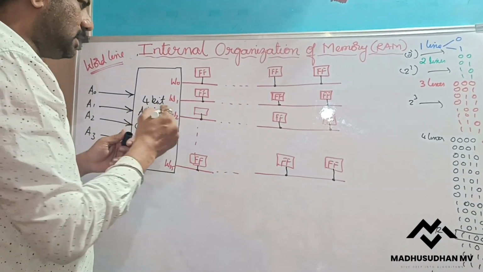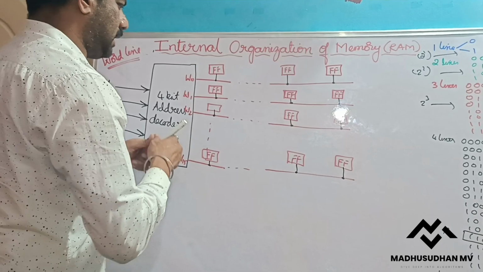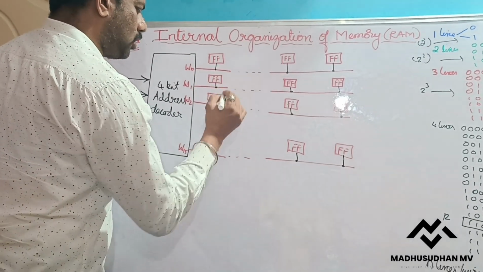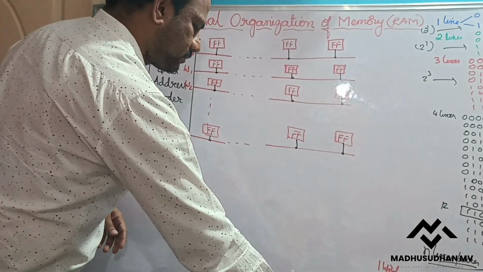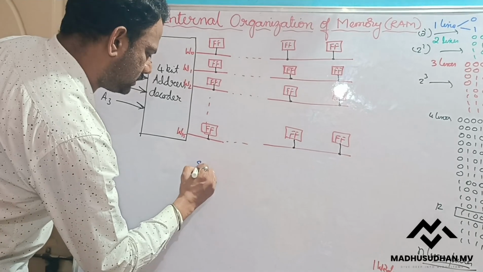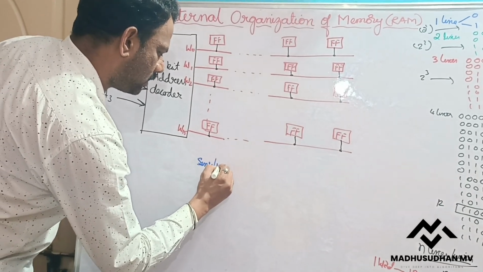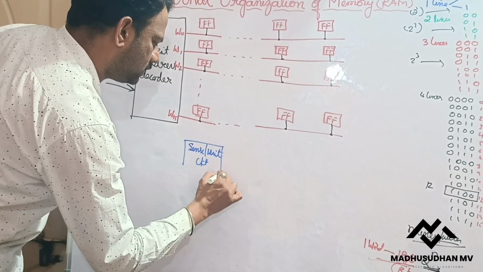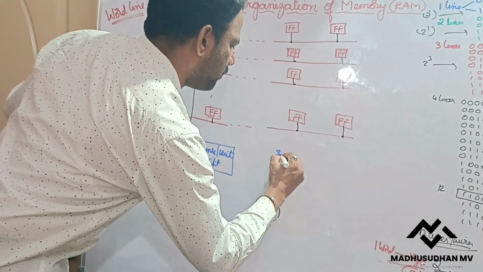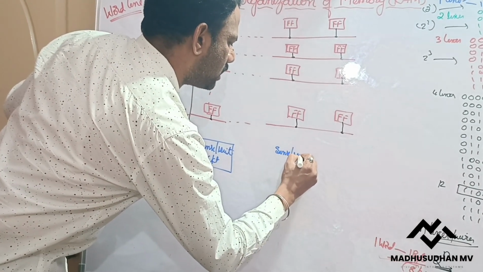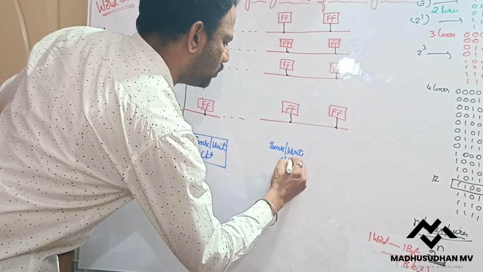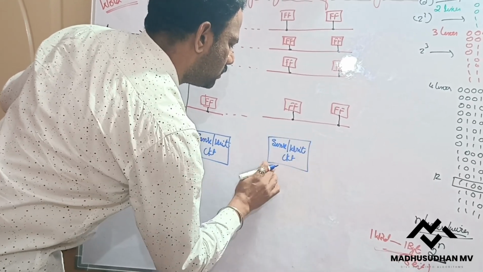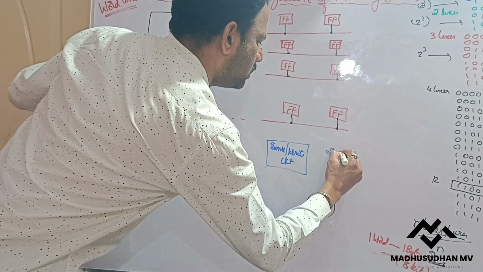Now these flip-flops are connected to one more circuit called the sense or write circuit. Similarly, here I have one more sense or write circuit, and similarly here one more.